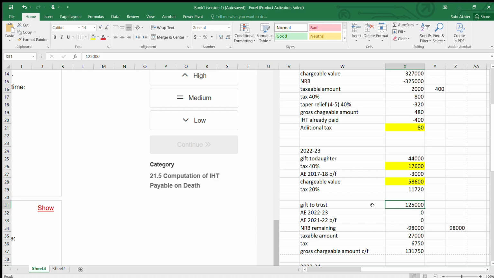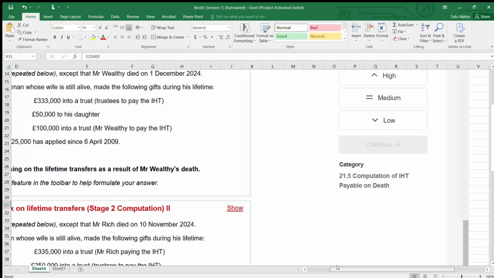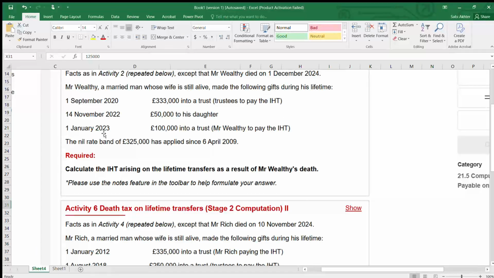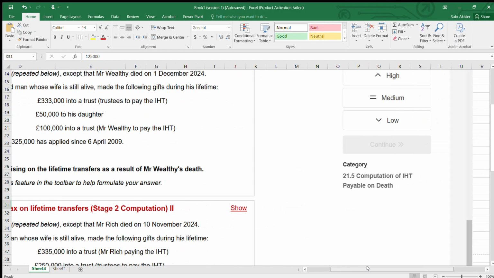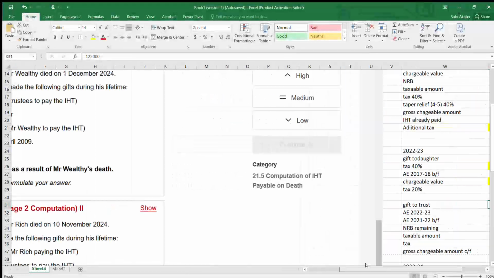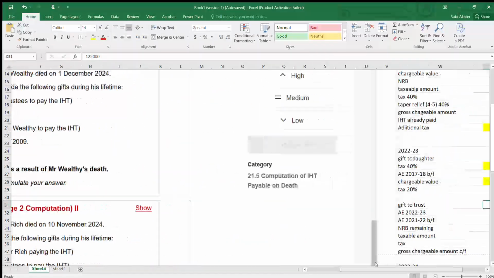But if you go to the chargeable transfer, 7 years back, that is from 1st Jan 2023, you have to go 7 years back, which is 2016. So if you see all these gifts, 2022, the earlier gifts fall in the previous 7 years.